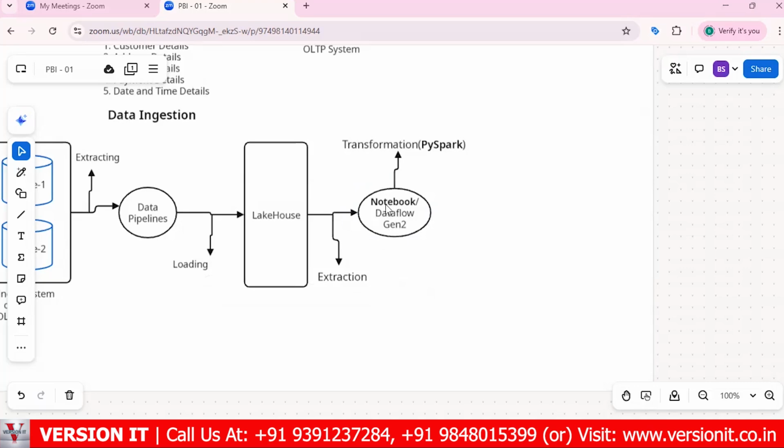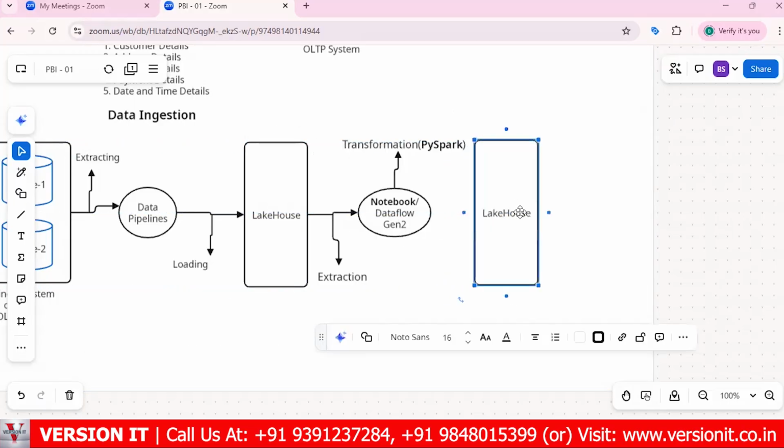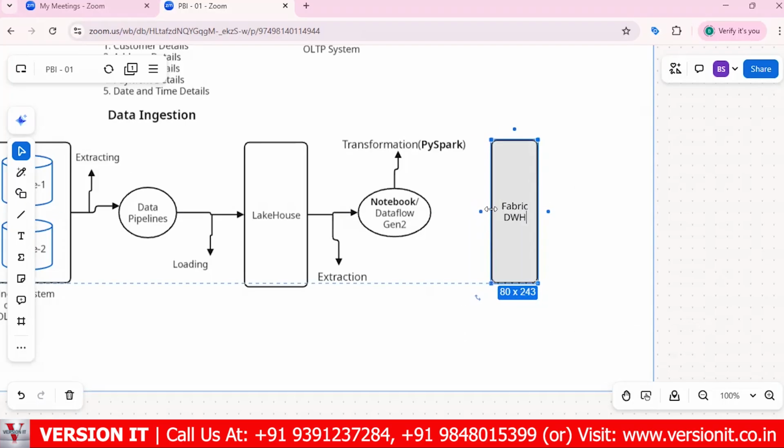After doing the data transformation, where are we going to load the data? We are going to load the data into the Fabric data warehouse. Fabric warehouse or Fabric data warehouse, we can call it any name, but we are going to store the data in this place.